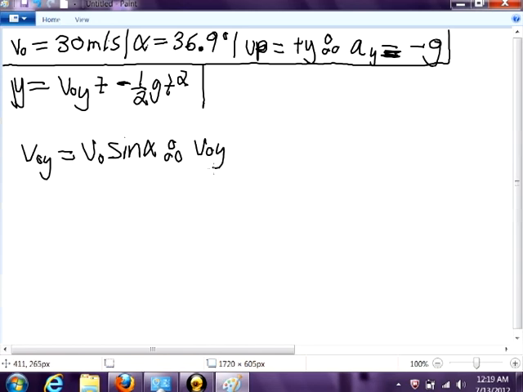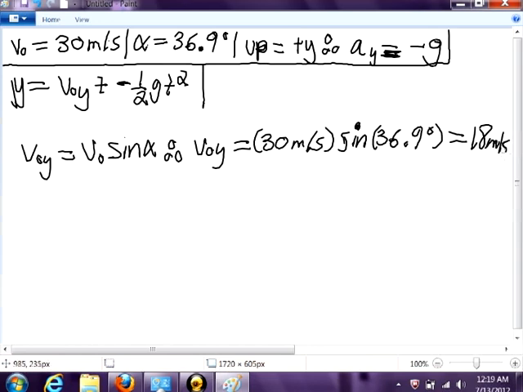So v0y is equal to 30 meters per second times sine of 36.9, which is equal to approximately 18 meters per second. Alright, there we have that.